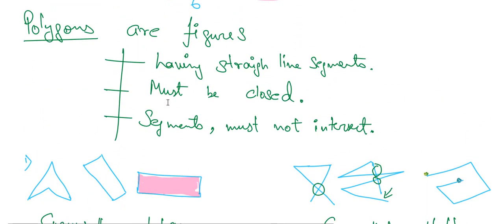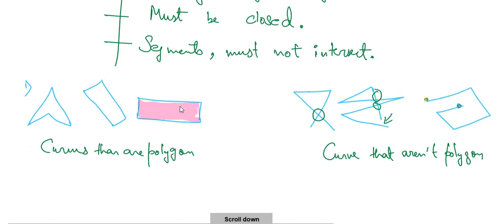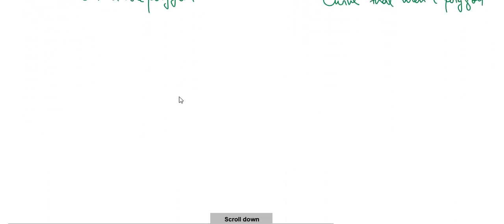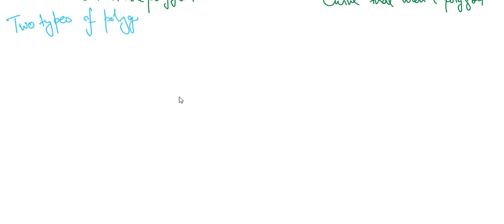Okay, so let us now continue our discussion about classification of polygons. I have basically two types of polygons. What are they? One is the convex polygon, another the concave polygon.